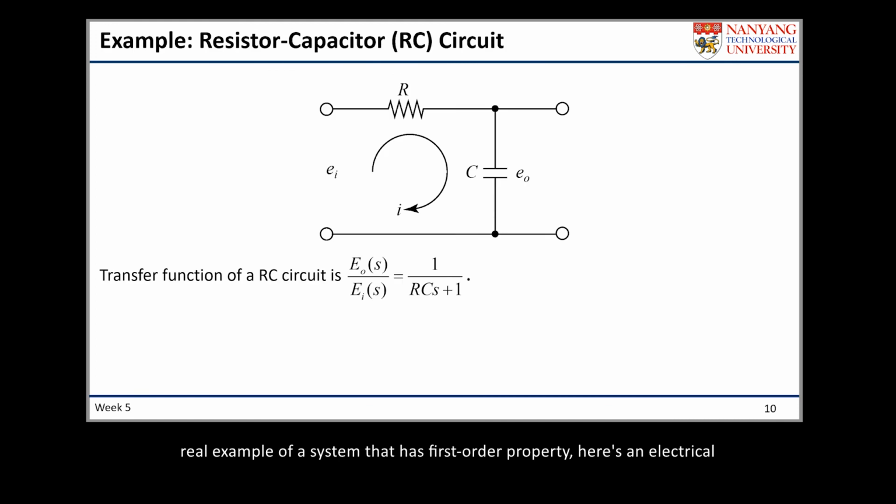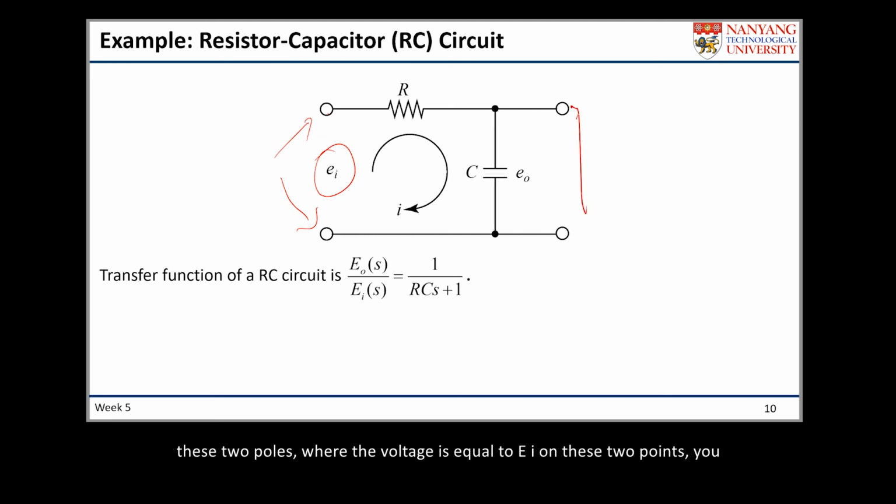A real example of a system that has first order property is an electrical system, an RC circuit, resistor capacitor circuit. When you give a voltage input, equal to EI, on these two points, you will get a voltage output which is equal to E0.